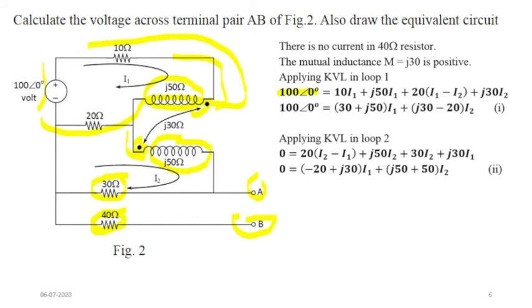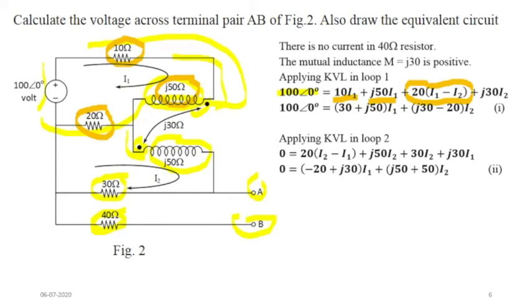Next is the 10 ohm resistor, which will carry a drop of 10 into I1. Then J50 ohm will have a drop of J50 I1, and 20 ohm will have a drop equal to 20 into I1 minus I2, assuming that the magnitude of I1 is higher as compared to I2.